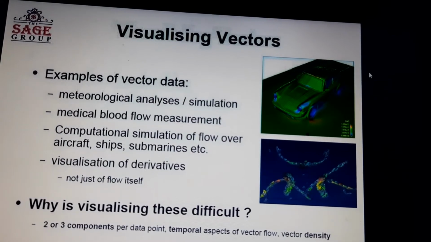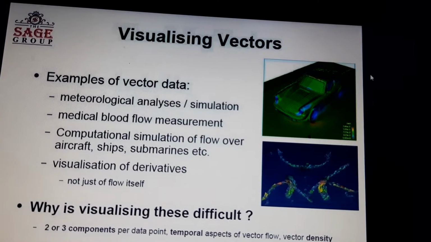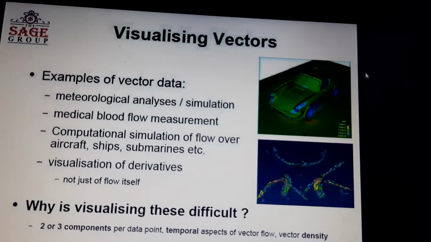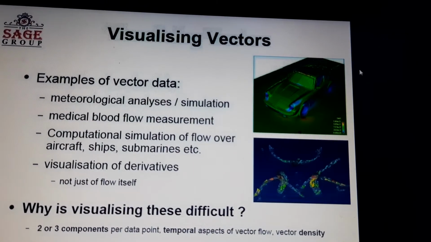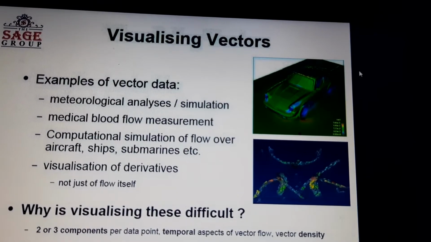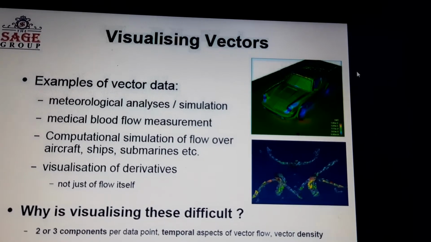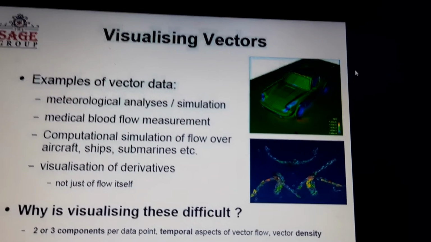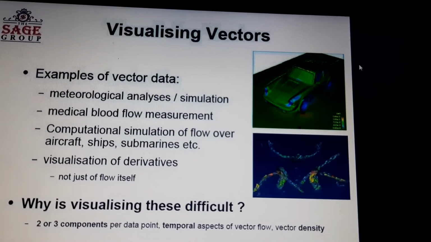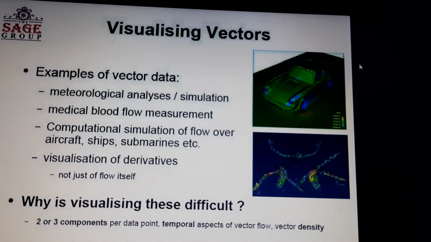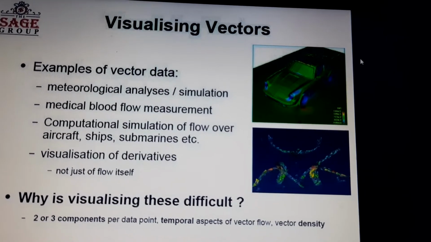Per data point means each and every voxel which we were considering for converting an image for the display device. So for each and every voxel we have to consider 2 or 3 components which will describe the directional movement of that particular data value.